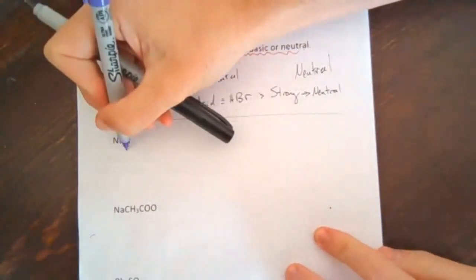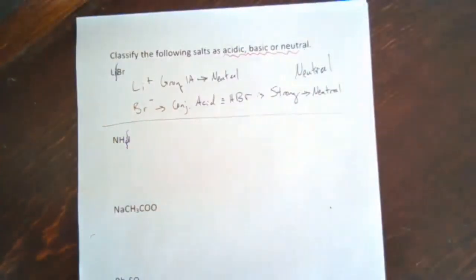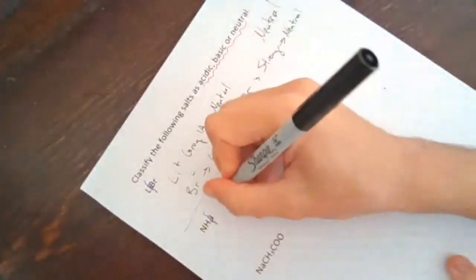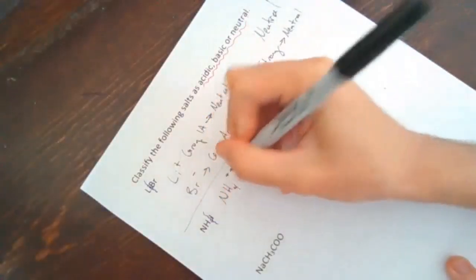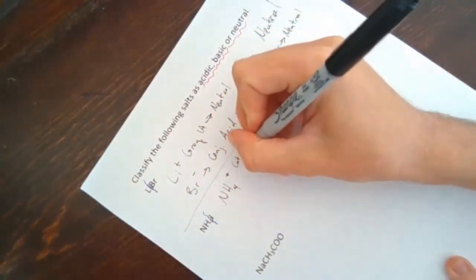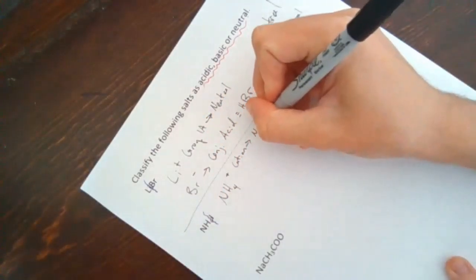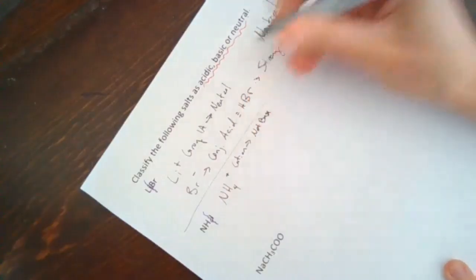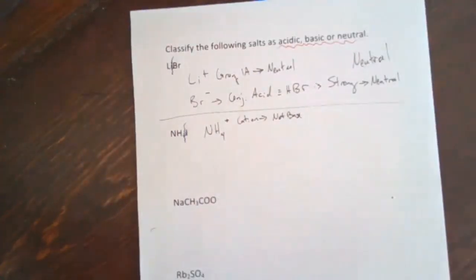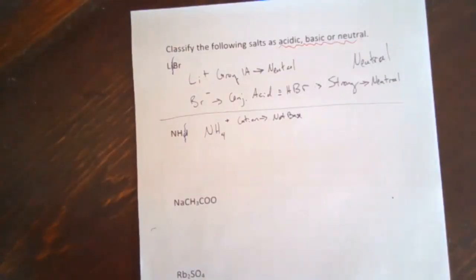NH4I is ammonium iodide. So I have NH4 plus and I minus. So NH4 plus, the fact that it's a cation means this thing is not a base. So one of the things we want to ask is, well, is it an acid?